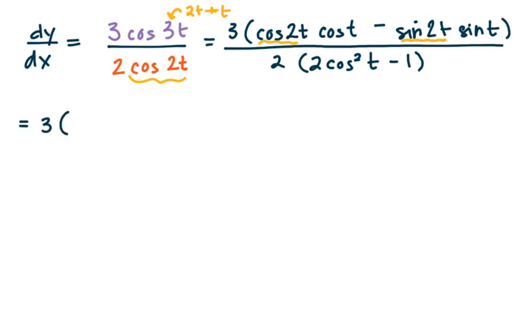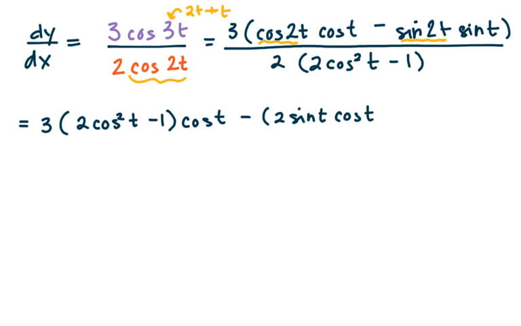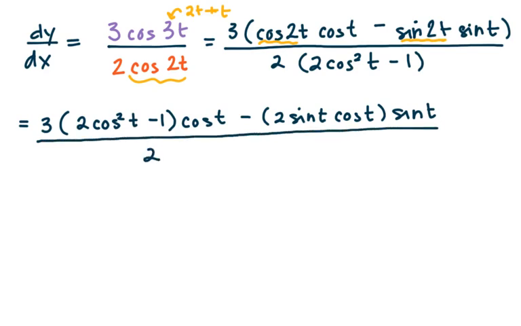So I've got 3 times cosine 2t, which is 2 cosine squared t minus 1. And then we still have the times cosine t minus sine of 2t, which we can rewrite as 2 sine t cosine t, and we'll still have to multiply that by sine t, all of which is over 2 times 2 cosine squared t minus 1.